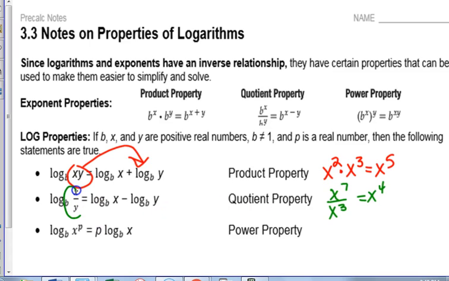So the division separated into subtraction. And this, when we had a multiplication going on, power property became multiply. So the power here goes out in front as a multiplication. Seem okay? Remember those from last year? Okay.